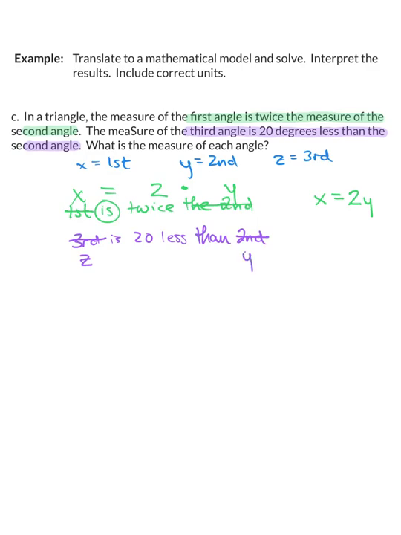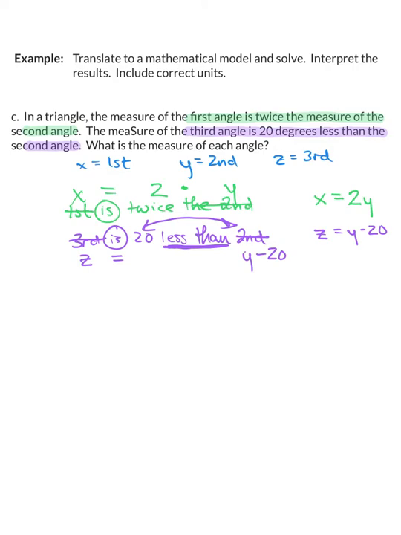So we have z is 20 less than y. We have the word is here, so I know that that is equals. And we do have less than. Remember that less than was a reverse order phrase. So I actually want this to be y minus 20, not 20 minus y. Remember that we do need to flip these around. So we get z equals y minus 20.